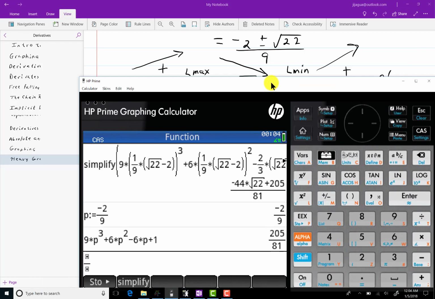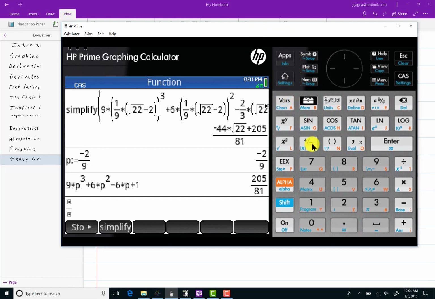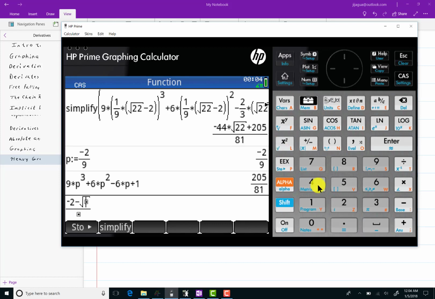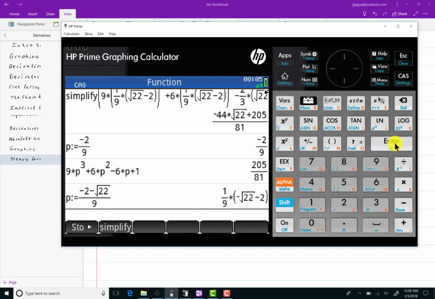So negative 2 minus, and I'll do shift the square root of 22, and in the denominator I'll put a 9, and I'm allowed to store it into a variable. Backspace. I need to get out of there first, then store. But what I'll do is I'll use the letter P. If I enter, that's the way my calculator tells me that it's stored in there.